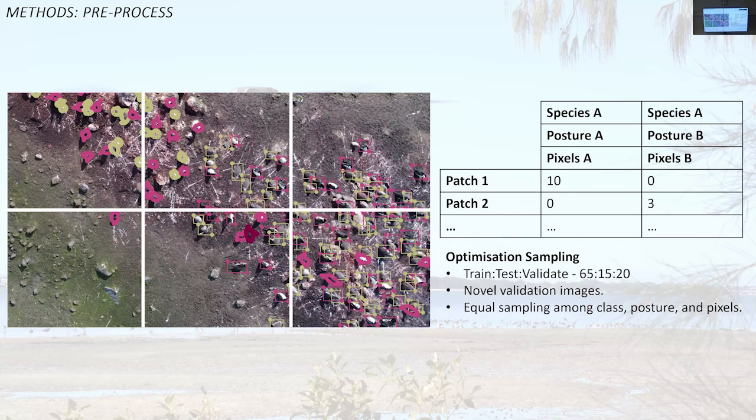So we wanted an equal number of each species, and then within each species, we wanted an equal number in each pose category, and an equal number of pixels. That's just to try and make the data set as diverse as possible so that you have as unbiased data as you can between all those different categories.